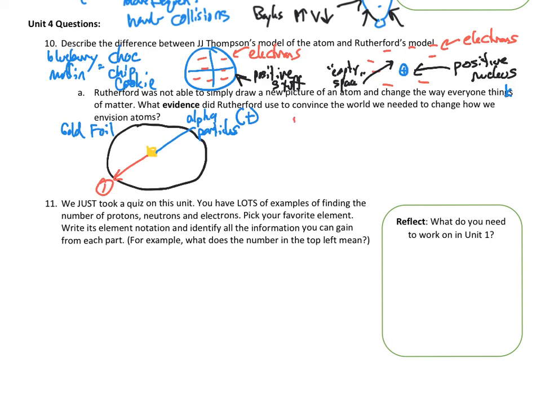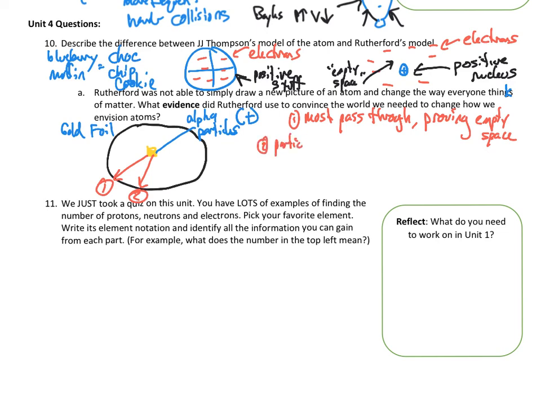Boom. Number one, most pass through, proving empty space. That's what proves that an atom is mostly empty space, because everything just passed through it. Number two, we get some deflection.